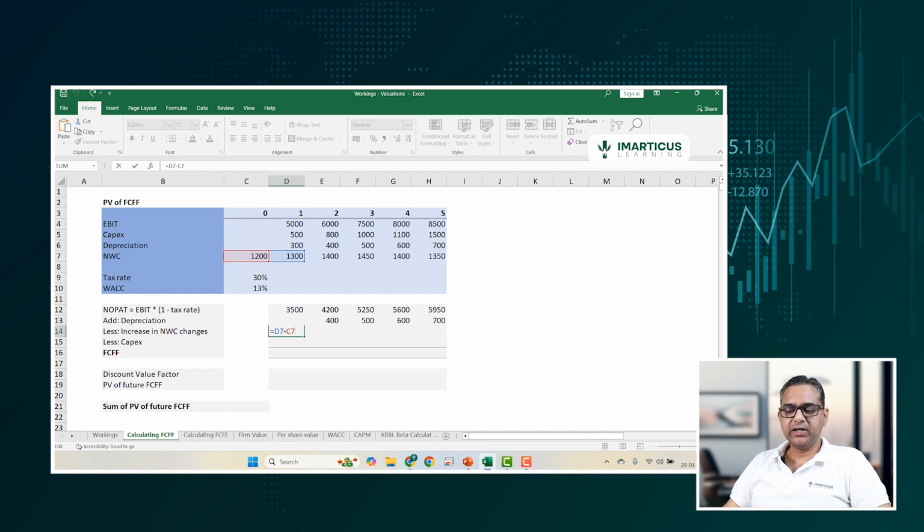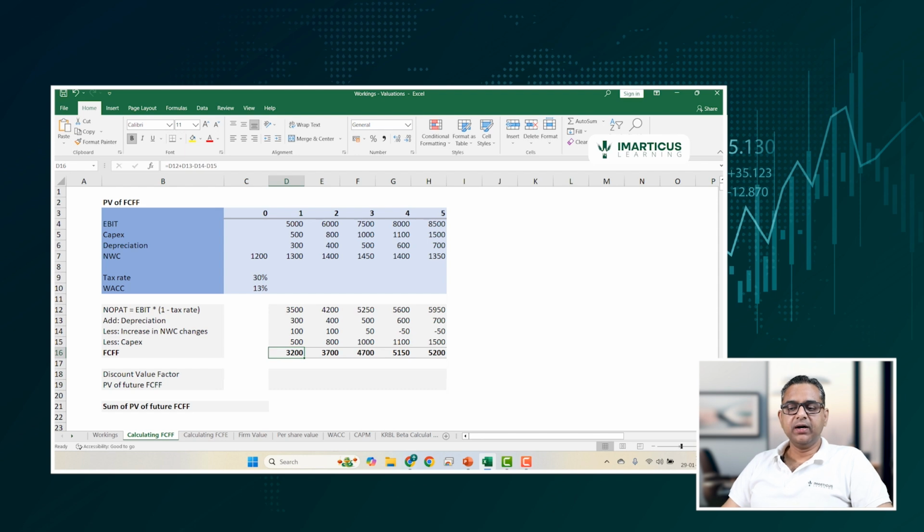So that's why we will do less of increase in working capital and less of capex, because we need to keep on investing for future sustainability and growth. So this much amount of cash flow is also expected to be blocked or consumed, and hence what we are left with is only 3,500 plus 300 less 100 less this. So we are left with only 3,200, right? So from NOPAT, we have added back the depreciation, less increase in net working capital changes, less capex, and that gives us free cash flows to the firm. So we have calculated the free cash flows to the firm for the next 5 years.